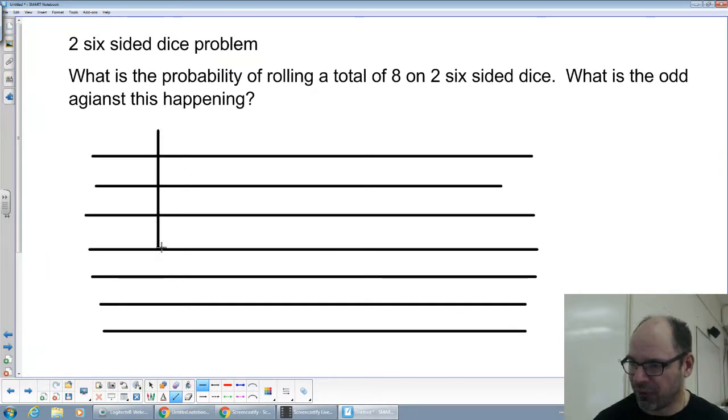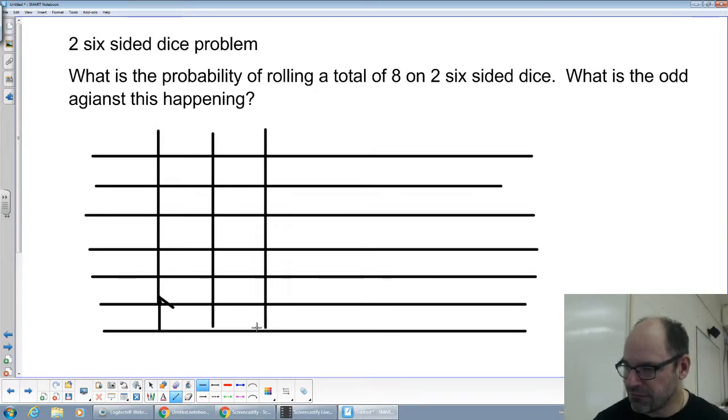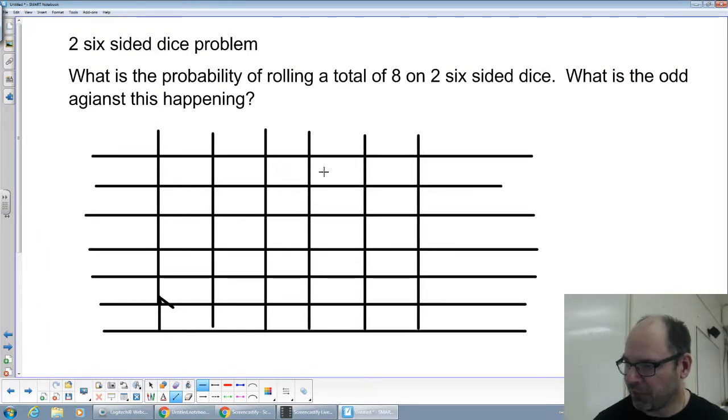And we'll go this way. 1, 2, 3, 4, 5, 6. Gotta go all the way down. Okay, 1, 2, 3, 4, 5, and 6 out here.